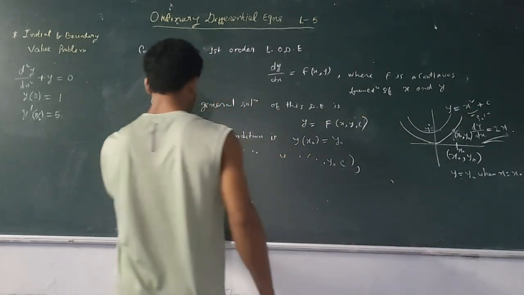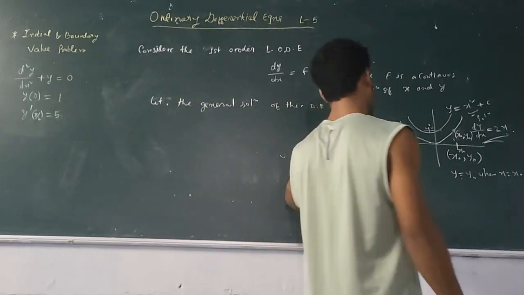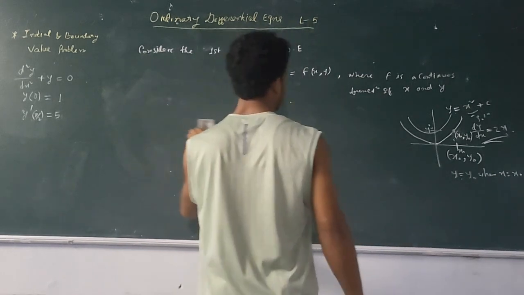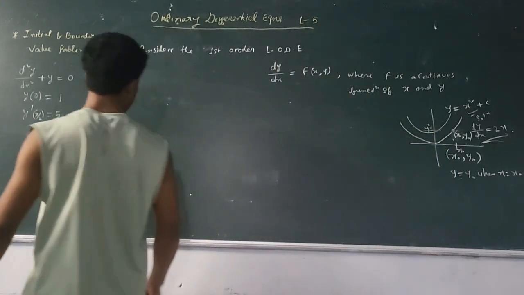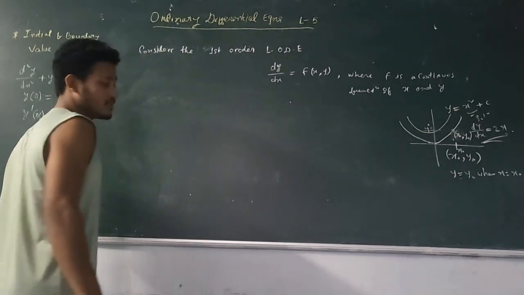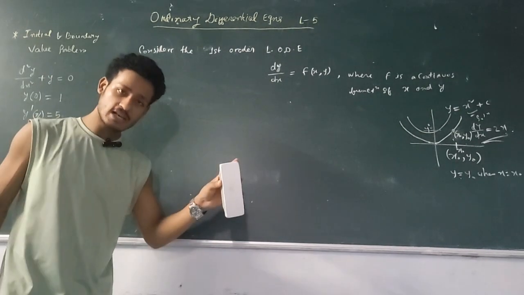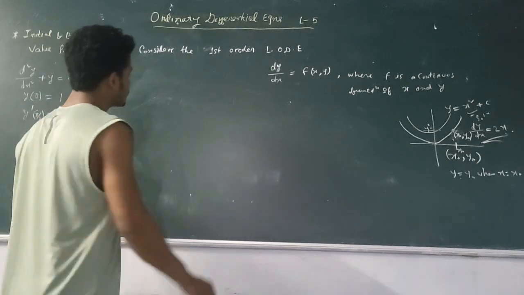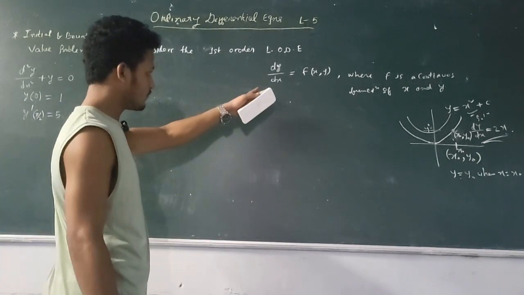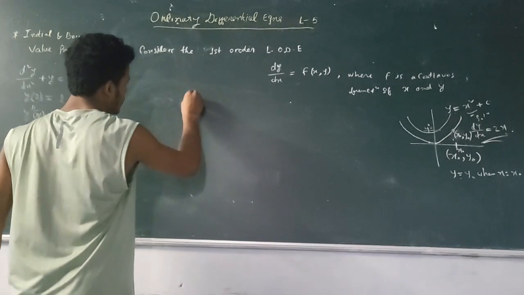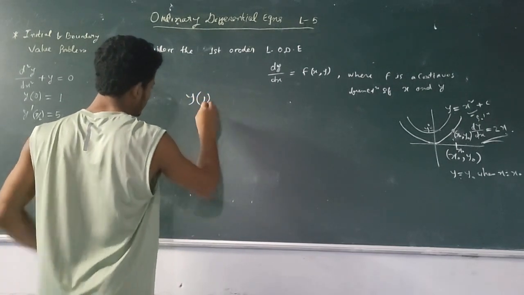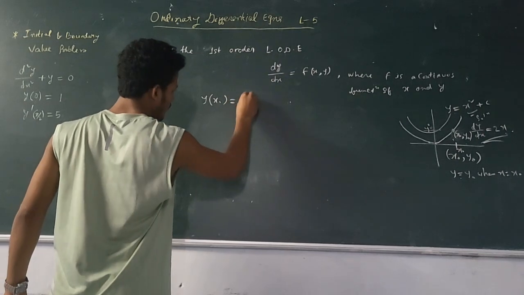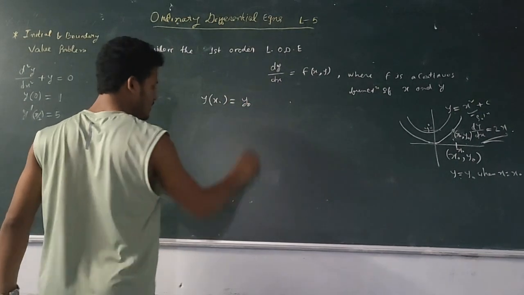Now we will go to boundary value problem. Boundary value problem, that means you are given two conditions. Here, the initial condition was y of x naught is equal to y naught. This is an initial condition.